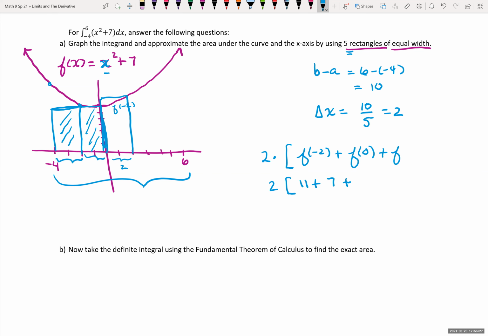Well, 4 squared is 16. 16 plus 7 is 23. One more, go over to 6, where the graph hits. So f of 6 is the height. And so plugging in, 6 squared is 36. 36 plus 7 is 43.